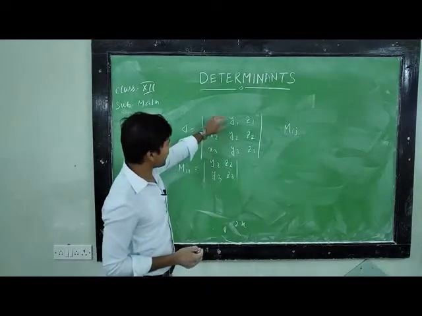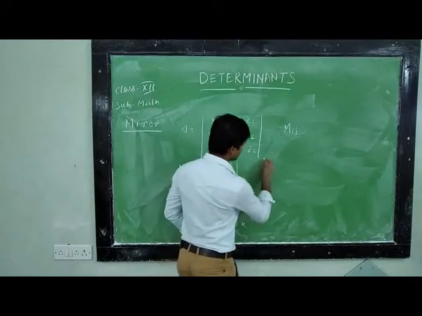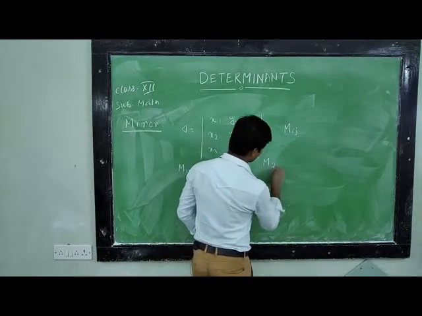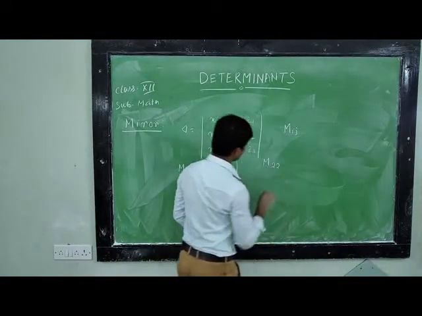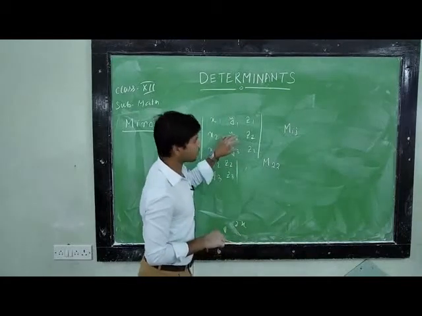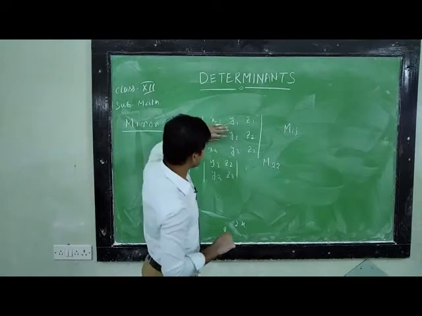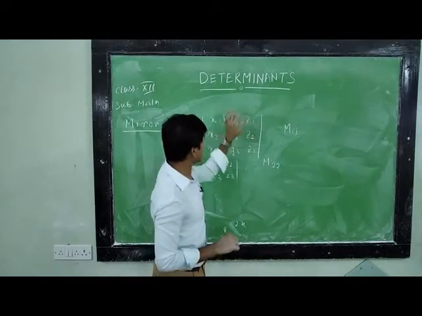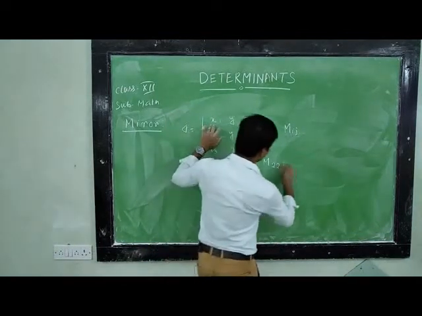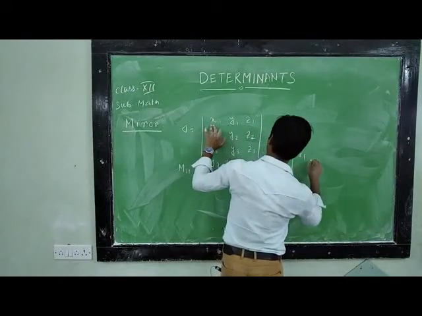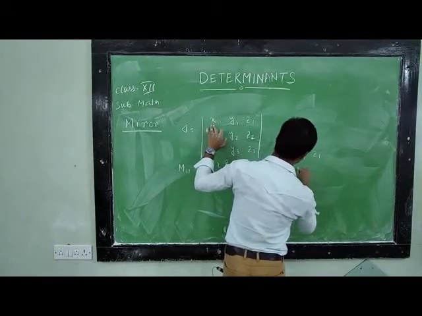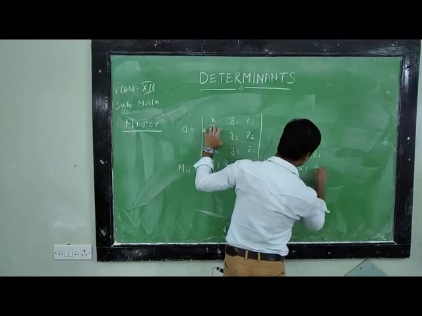So for example, the minor of A22, M22. M22 means the minor corresponding to the element A22. This is the A22 element, so cover this row and this column. So M22 will be x1, z1, x3, z3.